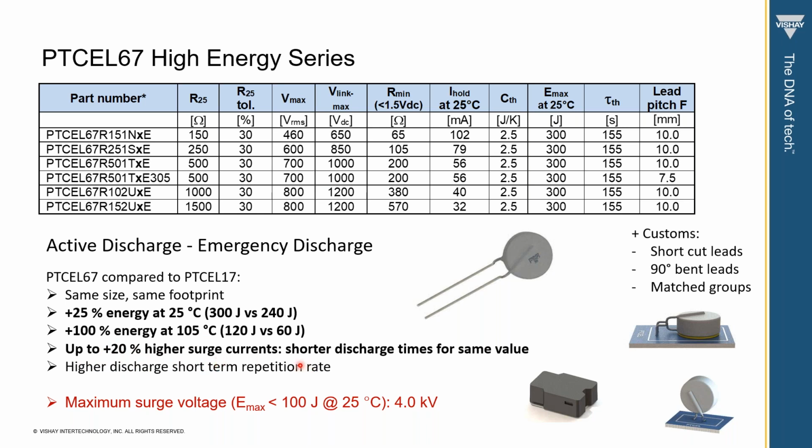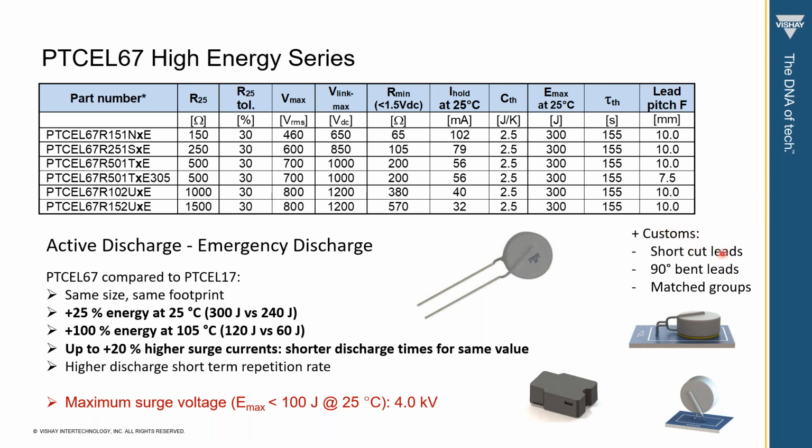So we have a shorter discharge time for the same value of the PTC inrush inductor. Then the maximum surge voltage for this series can be up to 4 kilovolt.